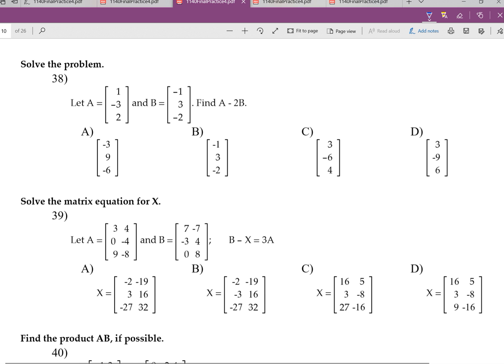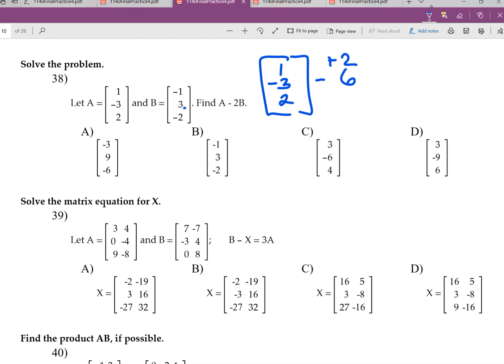38. Alright, and so basically we're doing a minus twice b, so if I have 1, negative 3, and 2, that's my a, minus twice b, that's going to put me at positive 2. Negative 1 times negative 2 is positive 2. Negative 2 times 3 is going to give you minus 6.